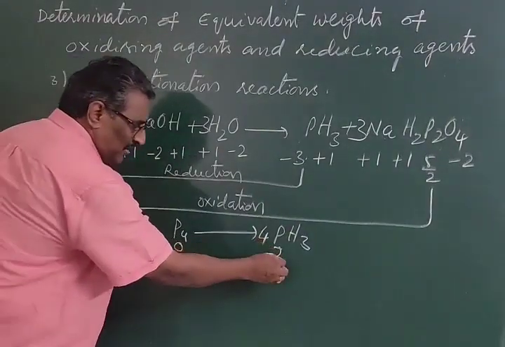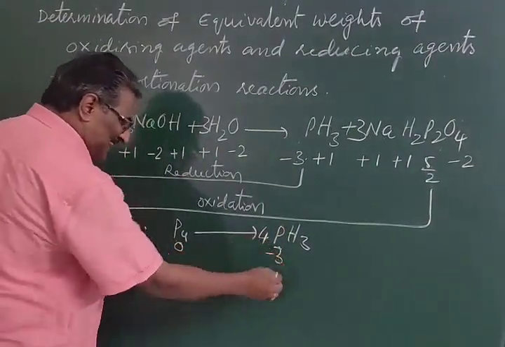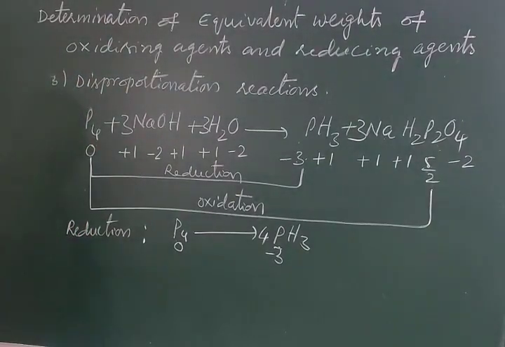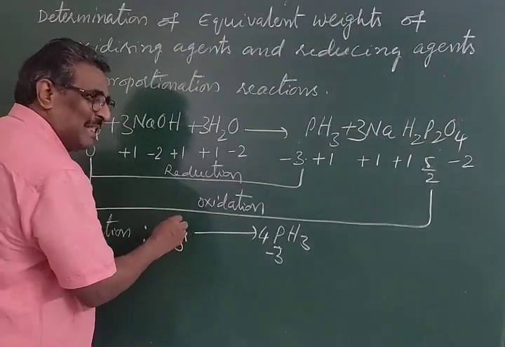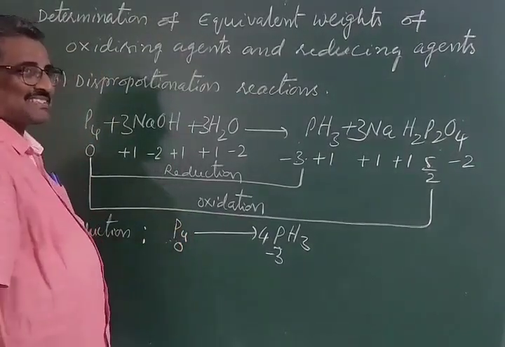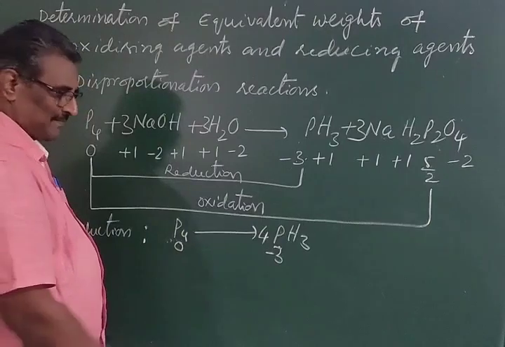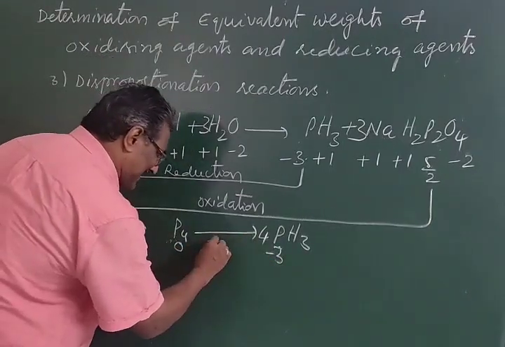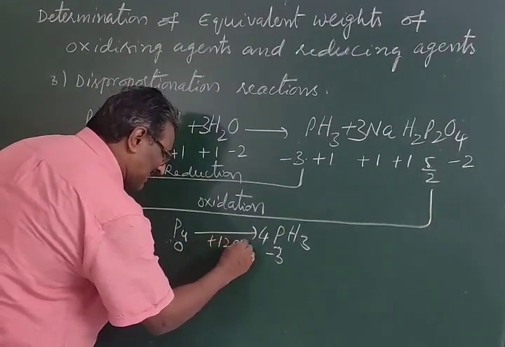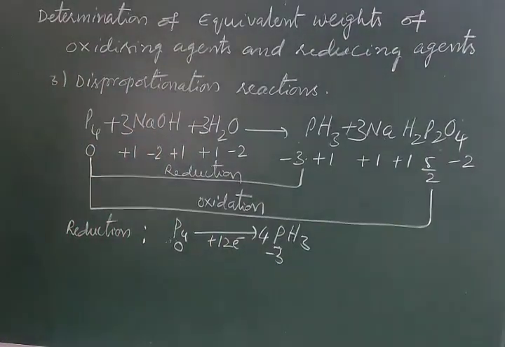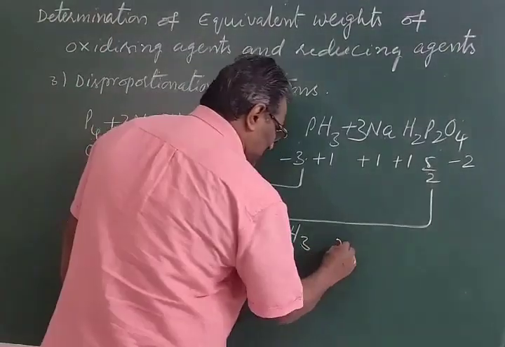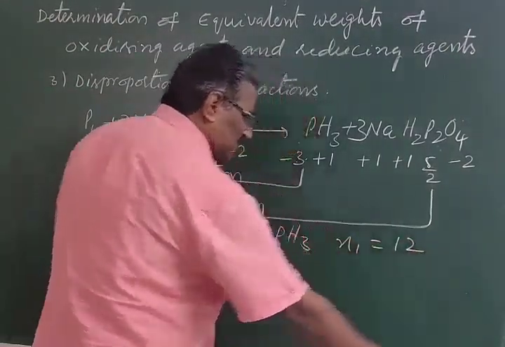There are 4 phosphorus atoms, so the change in oxidation state is minus 12. Okay, what is the change in oxidation state per molecule of phosphorus? Minus 12. By gaining 12 electrons, phosphorus changes to phosphine. Here the N factor, that is N1, is equal to 12.